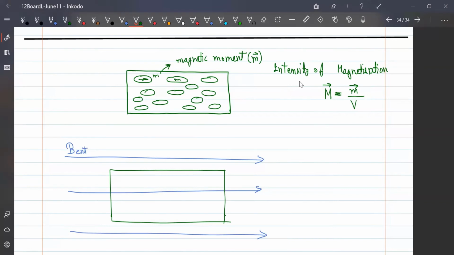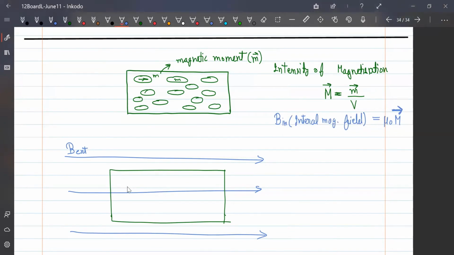Already जो magnetic moment की वजह से magnetism था, that is m vector. और इसकी वजह से, intensity of magnetization की वजह से जो internal magnetic field था, B internal, खुद का magnetic field, that is written as mu naught into M vector. Magnetization को mu naught से multiply कर दिया, this becomes the internal magnetic field.